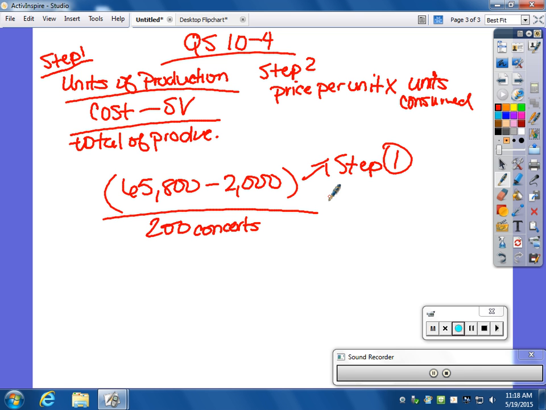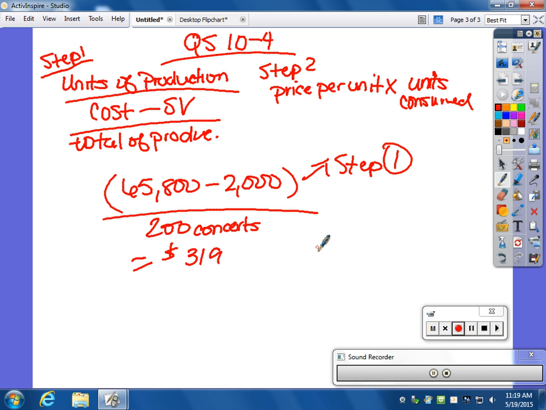So what was this amount here? 65,800 minus 2,000 divided by 200 concerts. 319.